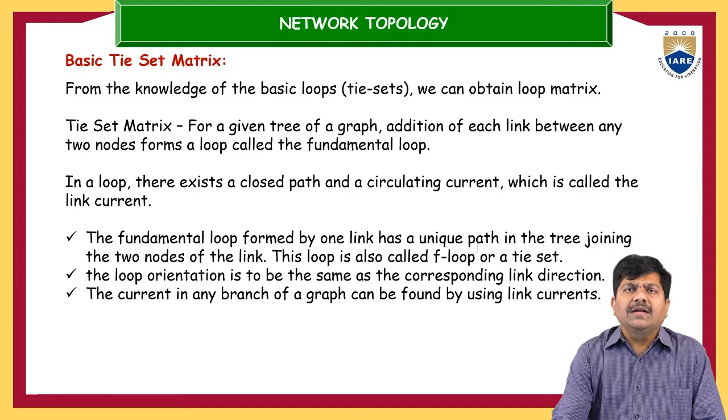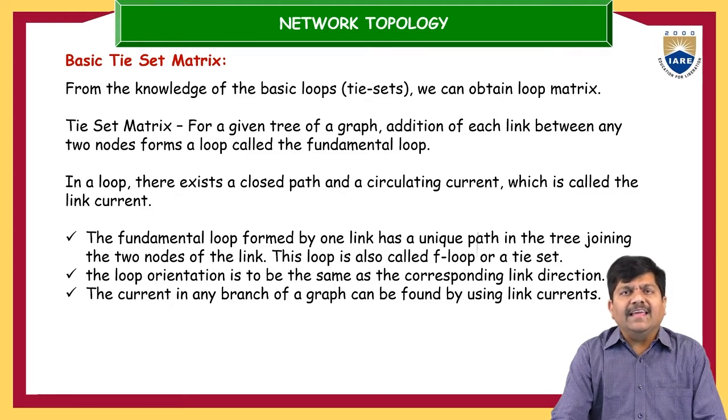The branches of the tree are also called twigs, and the tree is formed by considering all the nodes of the original graph. There should not be any closed paths, and the tree has n-1 branches.